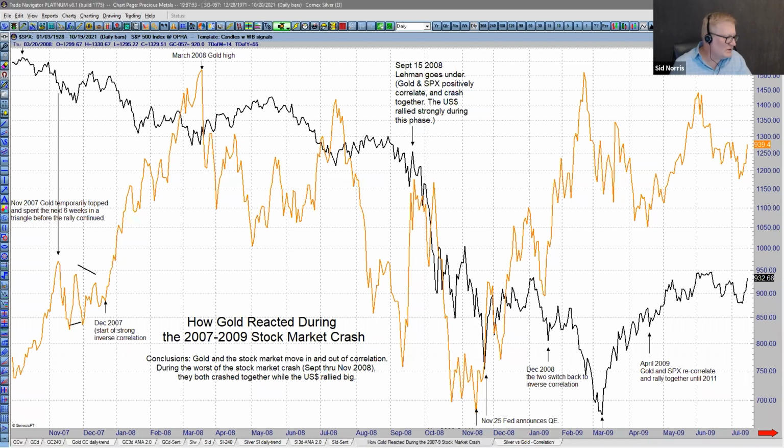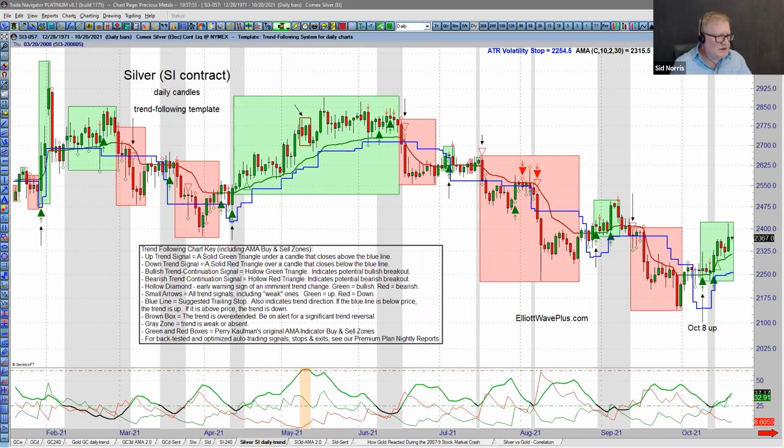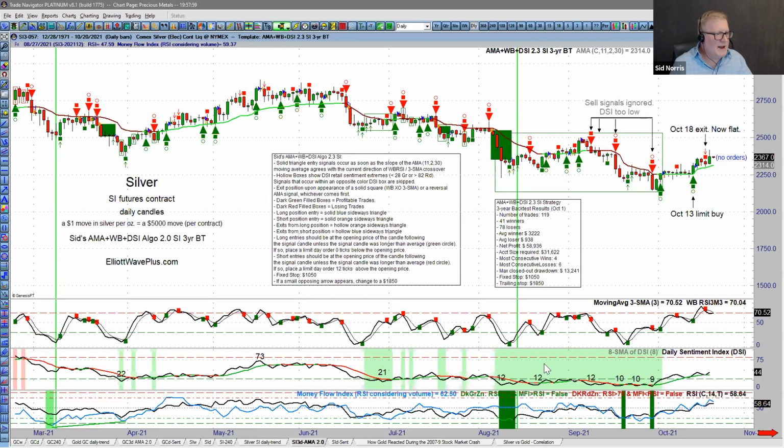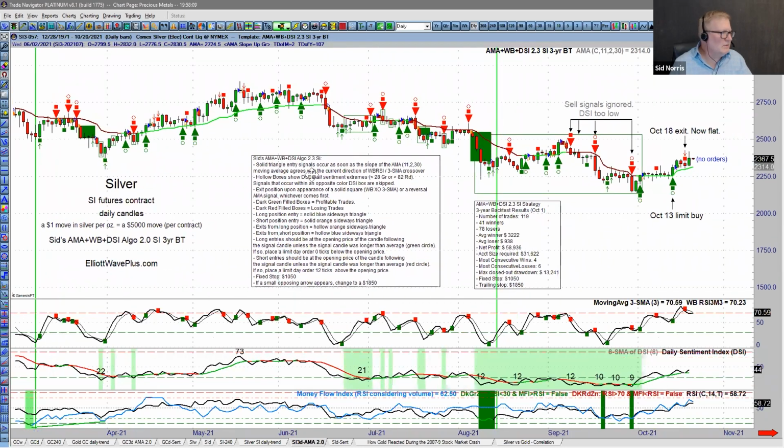So let's look at silver. It seems like silver recently, yeah, see, silver had some really, really low DSI numbers: 12, 12, 12, 10, 10, 9. This is the actual nightly algo.